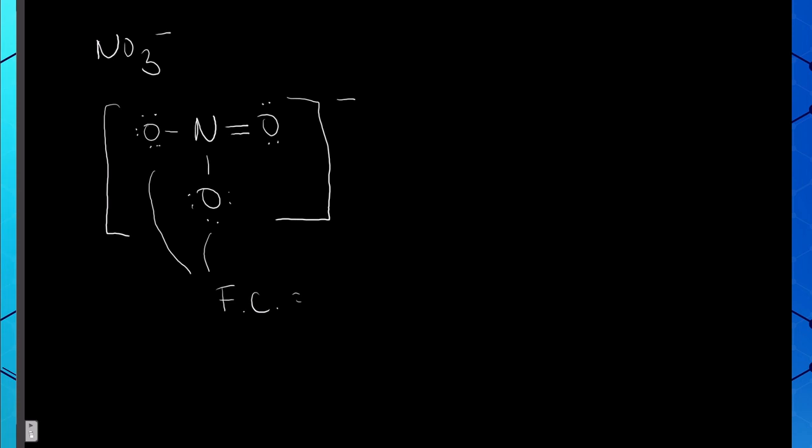So this is for the single bond oxygen bound to the nitrogen, and this would then be 6 because oxygen has 6 valence electrons minus 1/2 times 2 bonded electrons. So that's the 2 electrons in the bond to the nitrogen, and minus, we want to then subtract 6 electrons in lone pairs that are not bonded to anything. So minus 6. And so if we calculate that, we end up with minus 1.